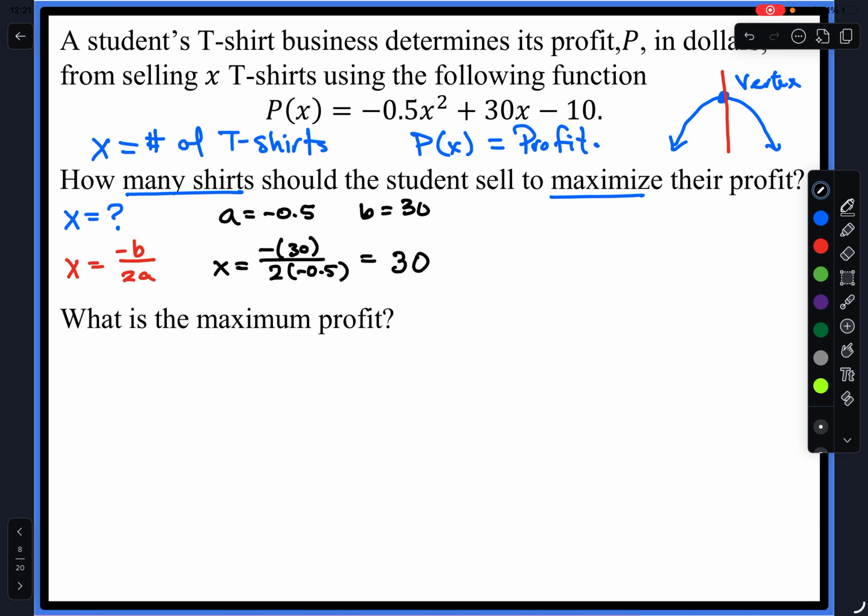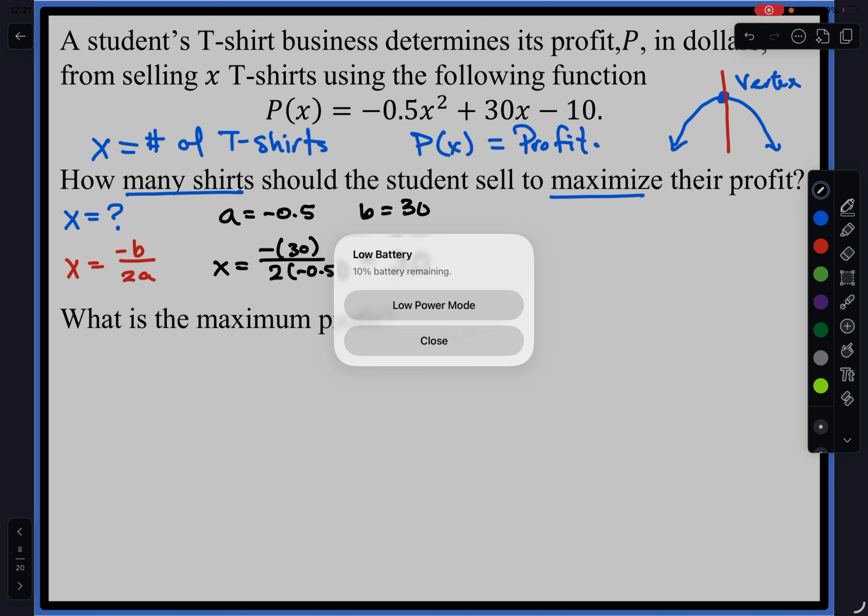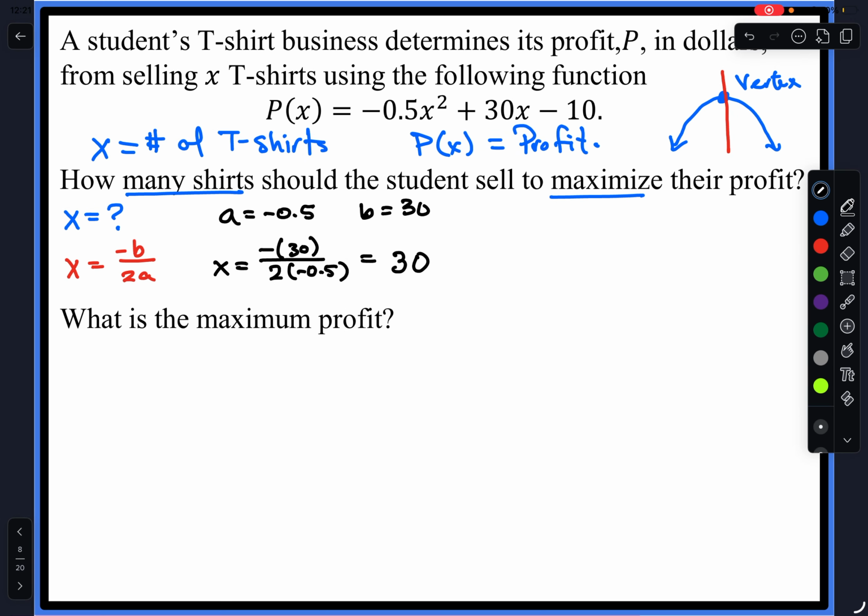Okay, so now that we know that the maximum is occurring at 30, we can identify what the maximum profit actually is by identifying the y value of that vertex. And to do that, we're going to plug this 30 into the equation for p.